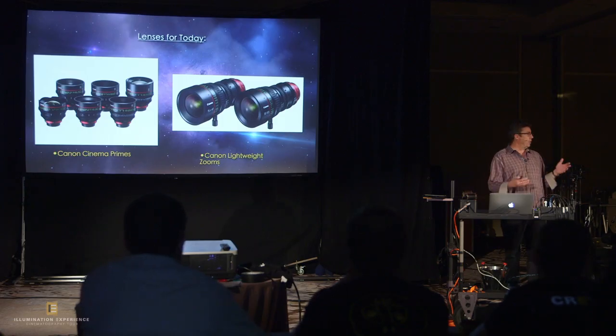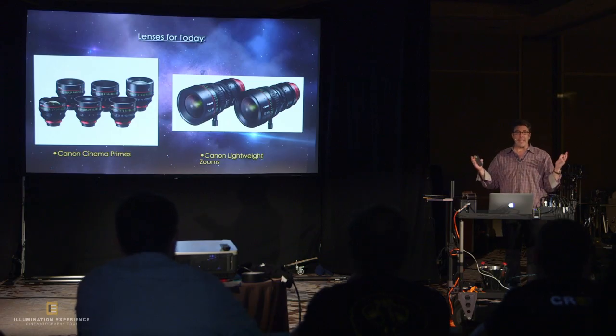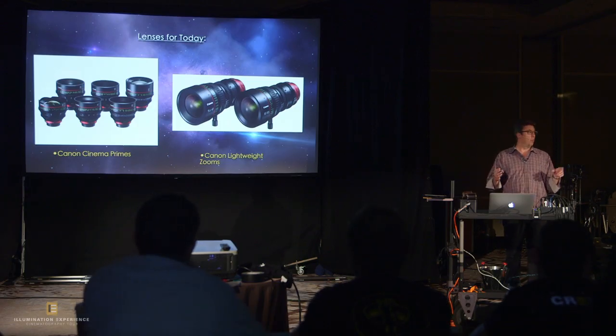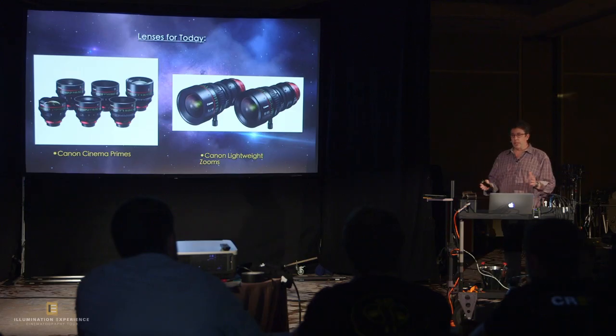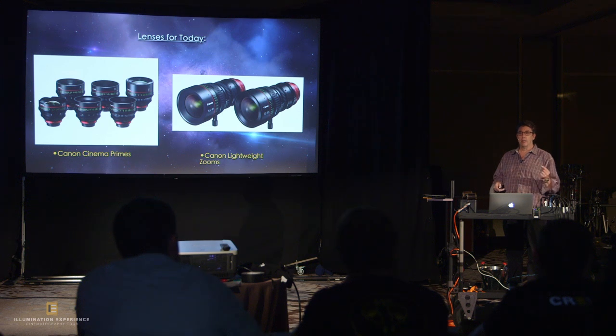So I want to start on primes, and then if for some reason we can't get that prime, and you want a 21 mil and we don't have it, then we can put the zoom up and put it on a 21. But we're only going to be rolling the zooms in the prime lens focal lengths.